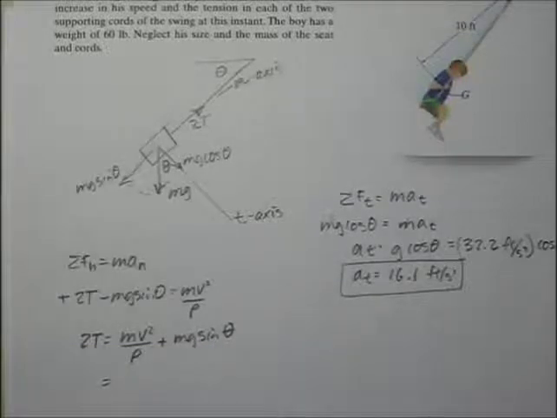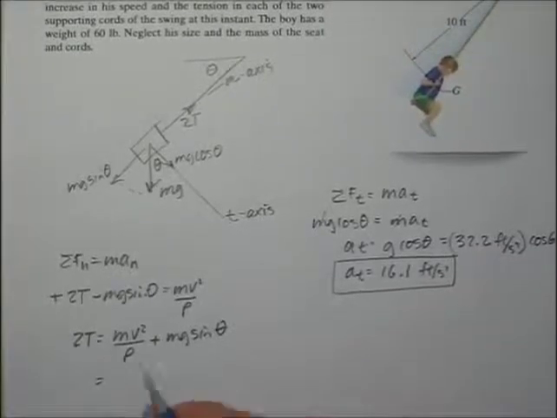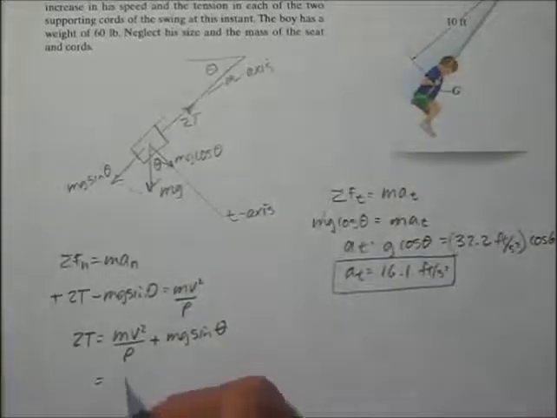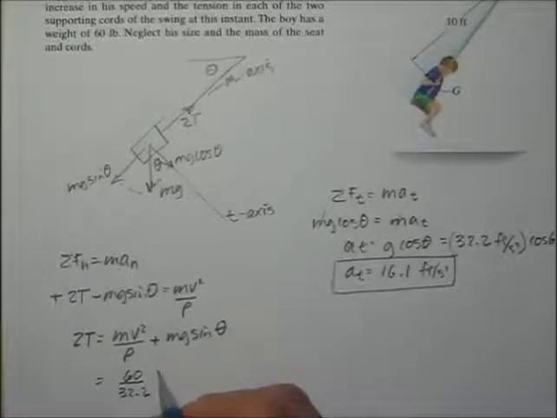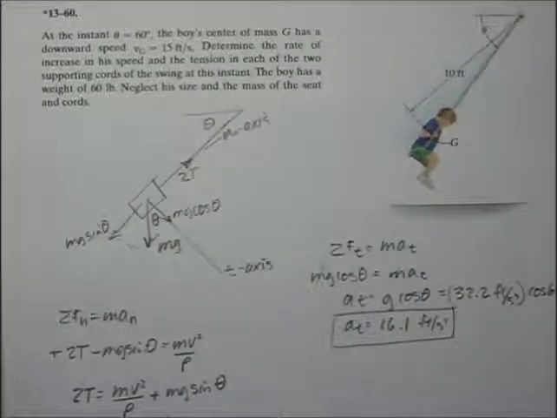Let's keep the m in there, and we can do a little exercise here. Since this is in the English system, we'll say that the mass is going to be equal to the weight divided by gravity. So I'm going to say that his mass is equal to 60 pounds over 32.2. His velocity is given in the problem as 15 feet per second.